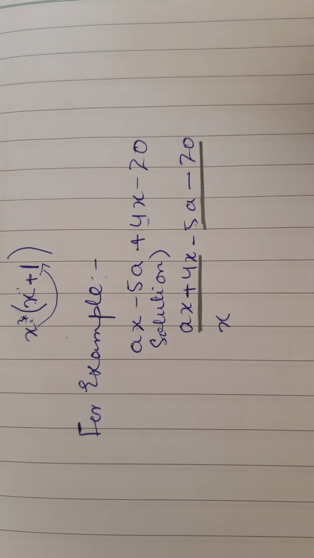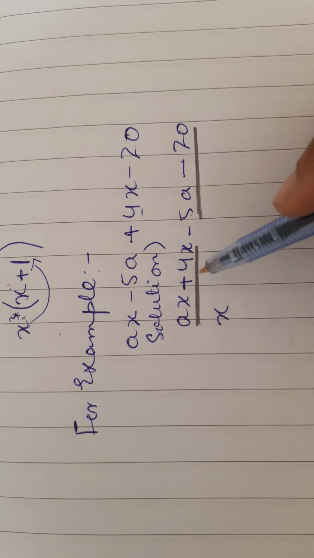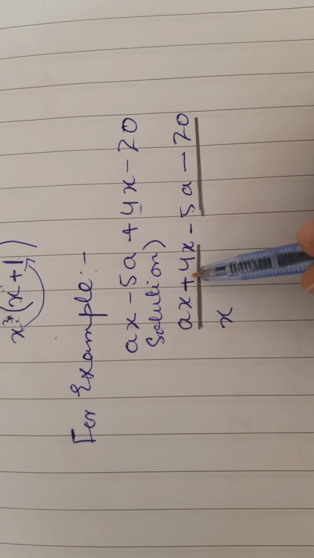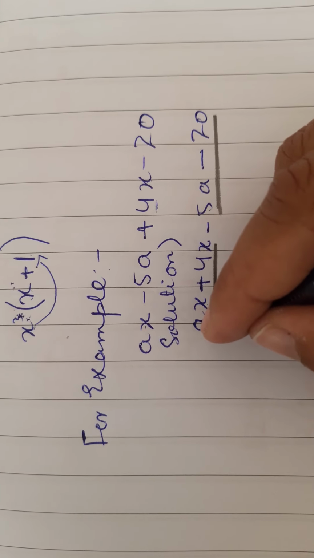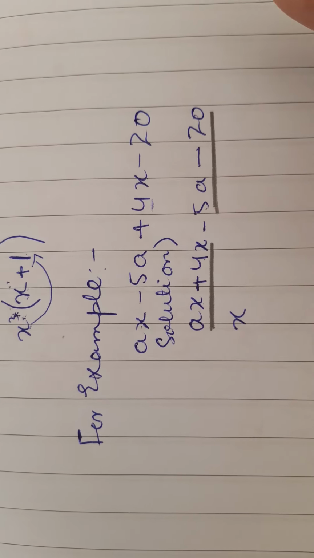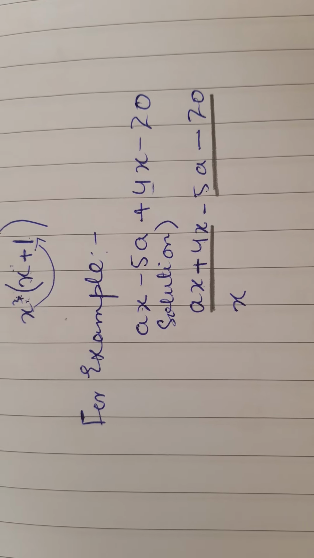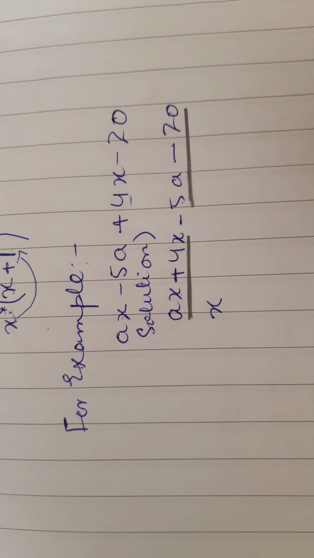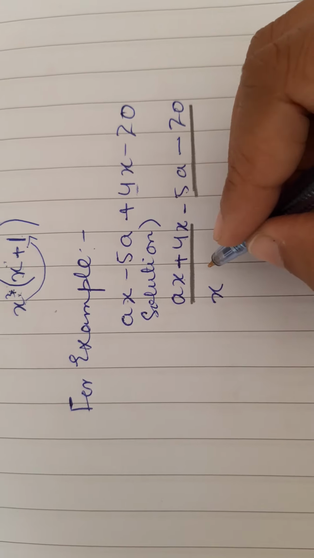Okay, so here check whether any number is common, meaning it divides both. We have 1 and we have 4. So is there any number which divides 1 as well as 4? Definitely 1 is the number which can divide 1 and 4. So you already know that with the coefficient we do not write 1.